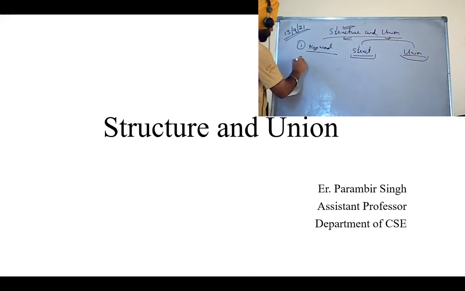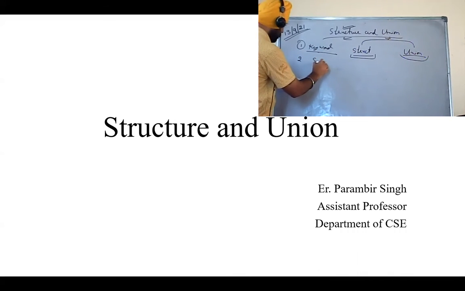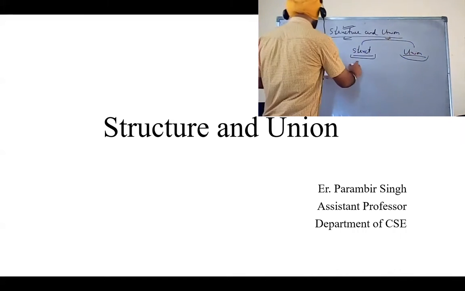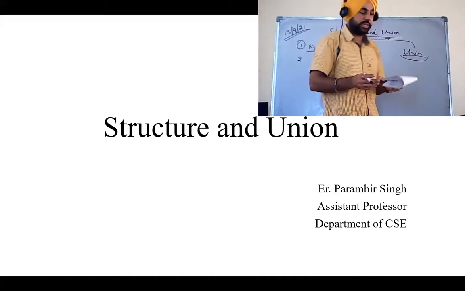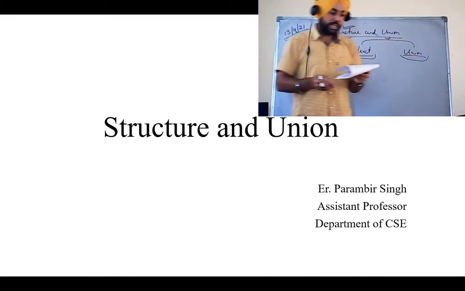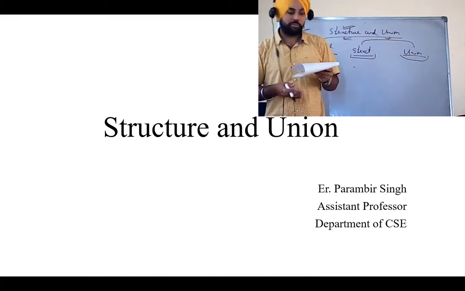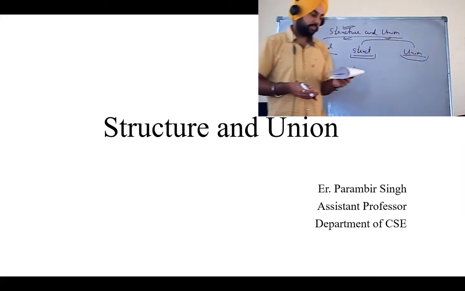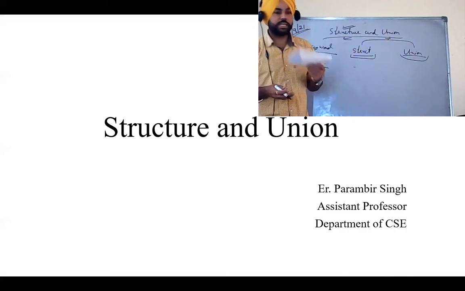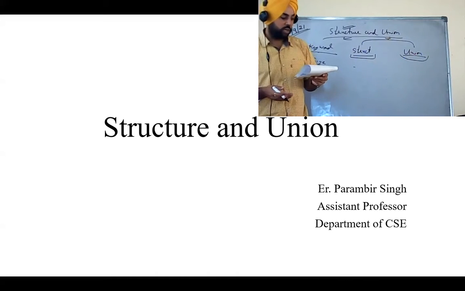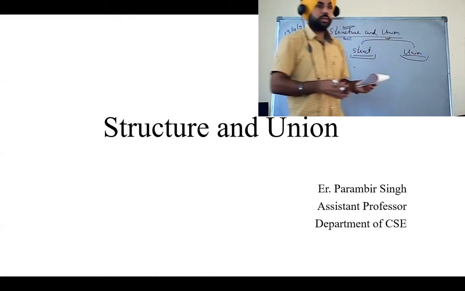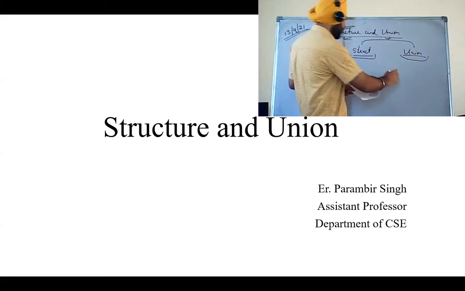Second is size. In the case of structure, when a variable is associated with a structure, the compiler allocates memory for each member. The size of a structure is greater than or equal to the sum of the sizes of its members. What about the union?